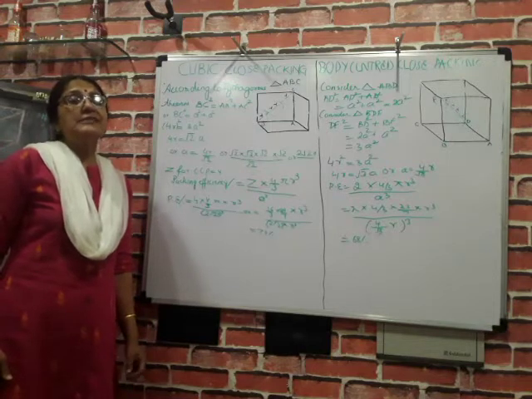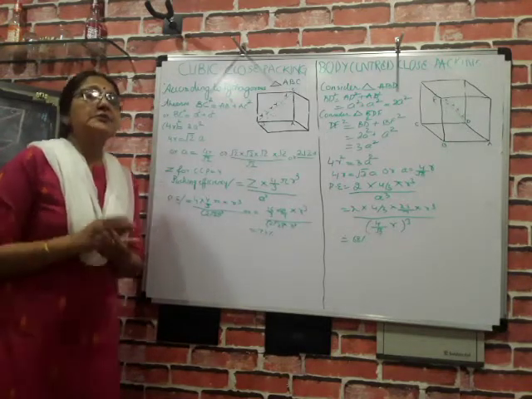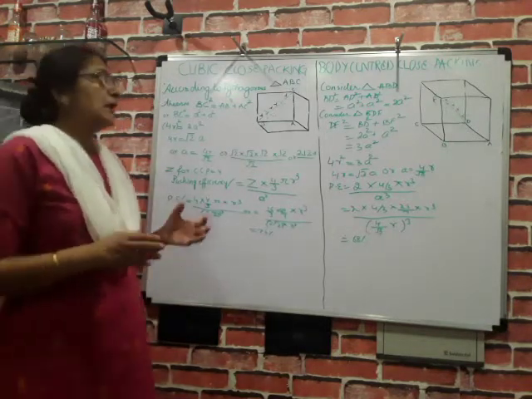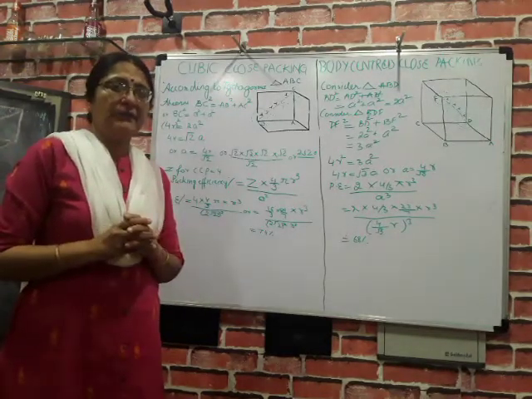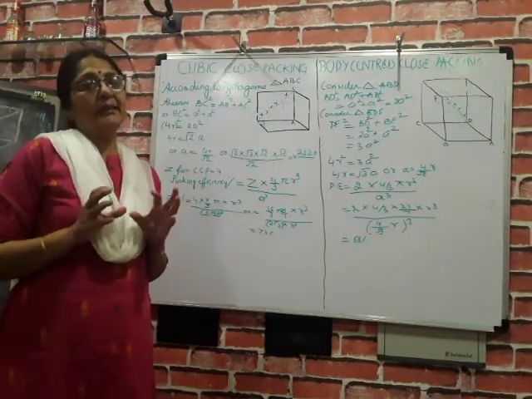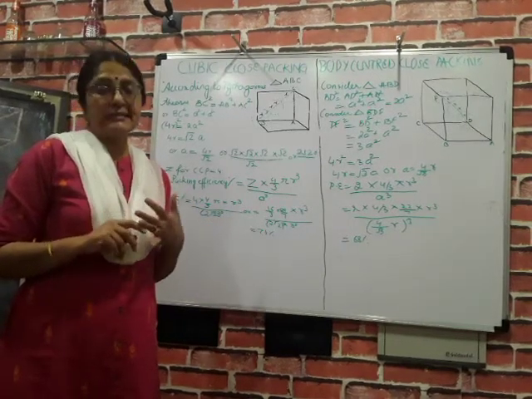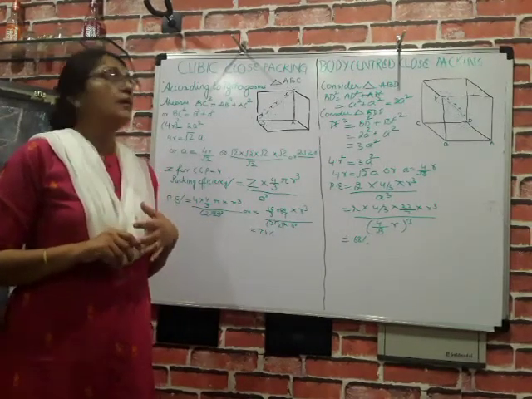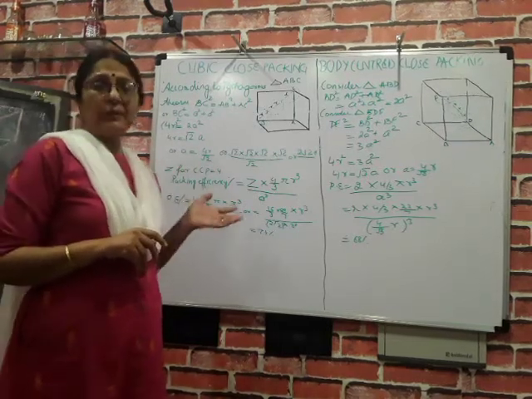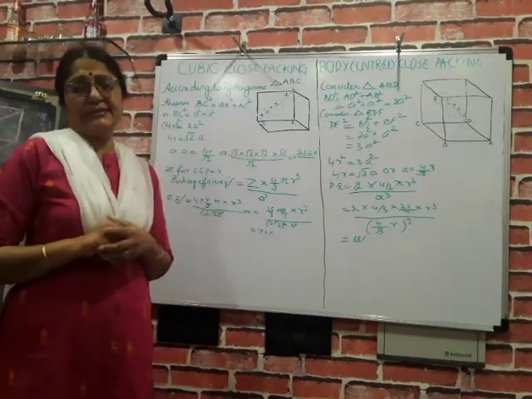As we assume that constituent particles are identical spheres, we have to fill them in unit cells. Different types of unit cells: primitive, body centered, face centered cubic.